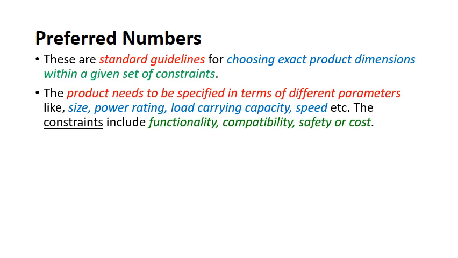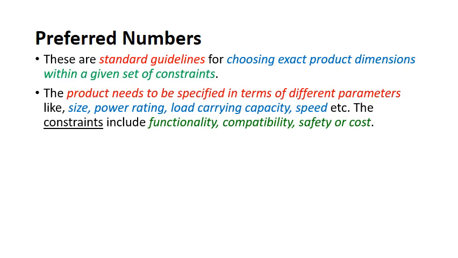These are basically standard guidelines for choosing the exact product dimensions. The product dimensions are specified in terms of different parameters, like, as I said, size, power rating of electric motors or pumps, bulbs, and load carrying capacity when you have a truck. Each truck will have a load carrying capacity, 5 ton, 10 ton, and so on.